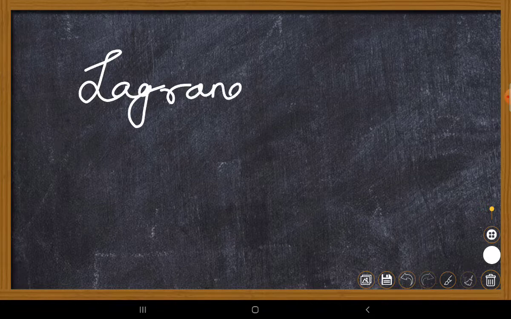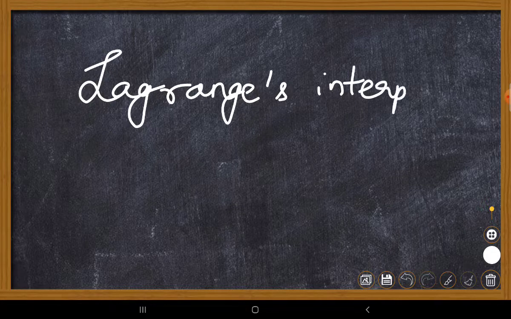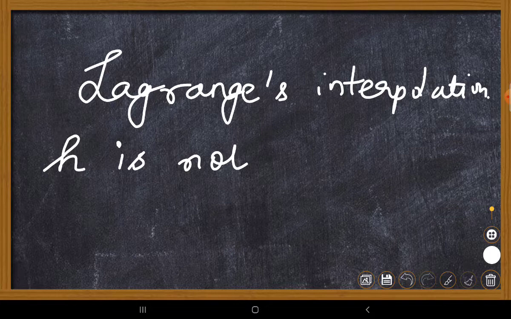Now let us go to the third formula, which is known as Lagrange's interpolation formula. Lagrange's interpolation formula is used when your interval of differencing h is not equidistant.